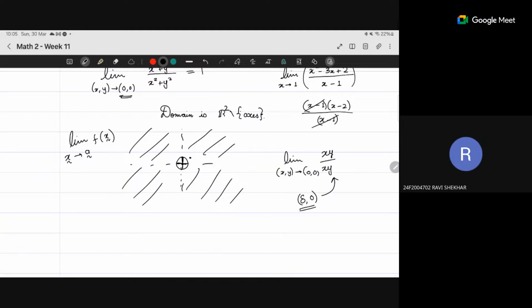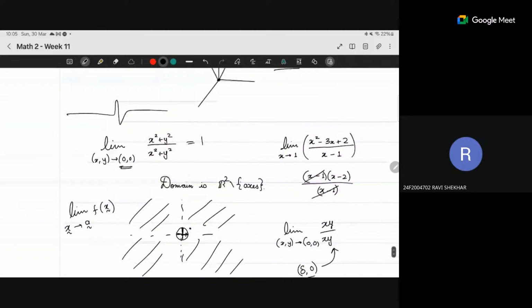Some such point will always be there, irrespective of what small neighborhood you take. You will have some point of the form (delta, 0) in your neighborhood, and at that point this function would not be well defined. Whereas this one doesn't have that problem because even if it is (delta, 0), there will be delta squared plus 0 by delta squared plus 0, and delta is not 0. This function is only not defined at the point itself. Yes, sir.